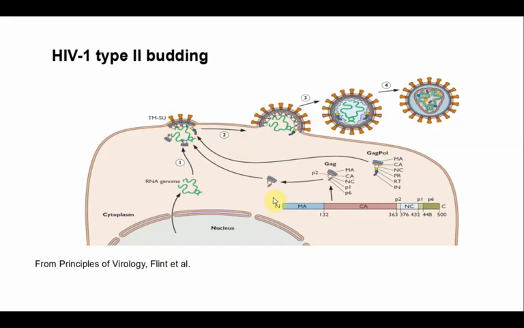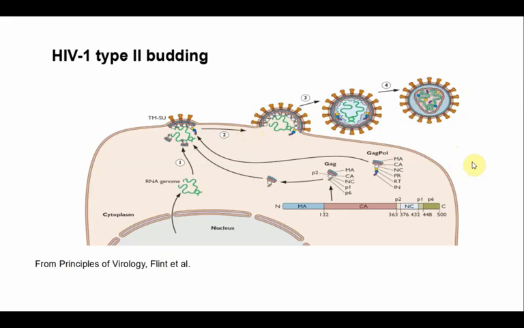So that's why the matrix is essential here for that. Okay, so then what happens? Then you have the particle that's formed as more and more GAG and GAG-POL polyproteins are added to this complex. You get the virus particle budding from the plasma membrane, and finally it's going to be released.